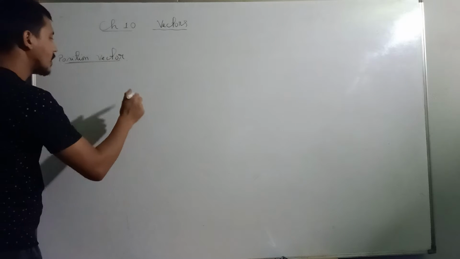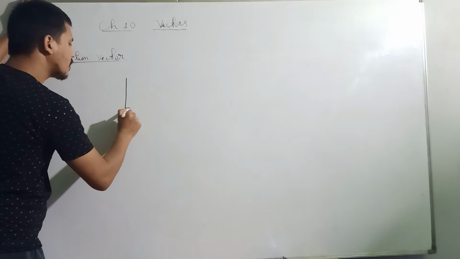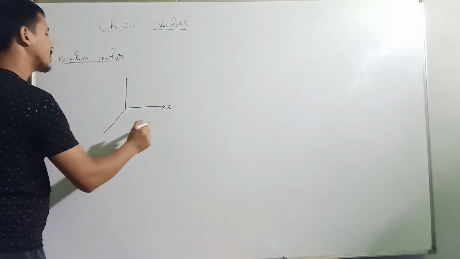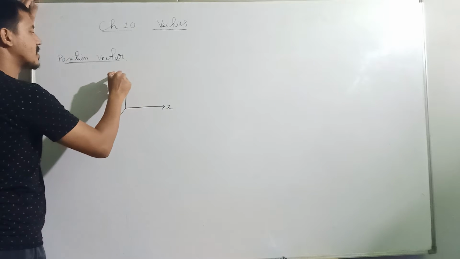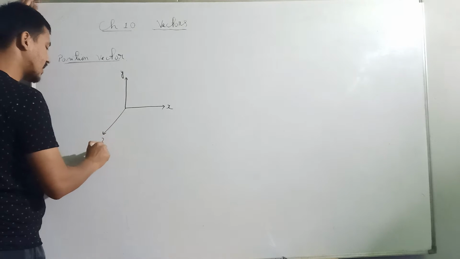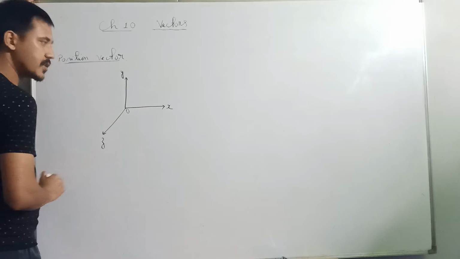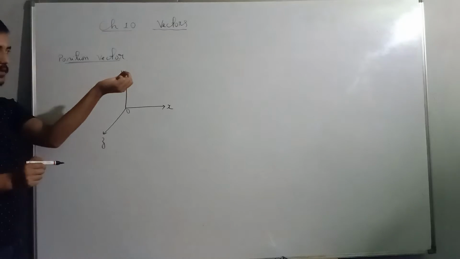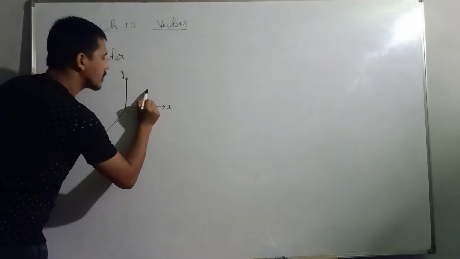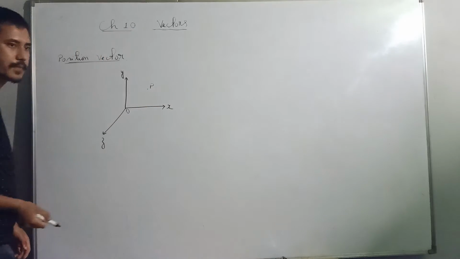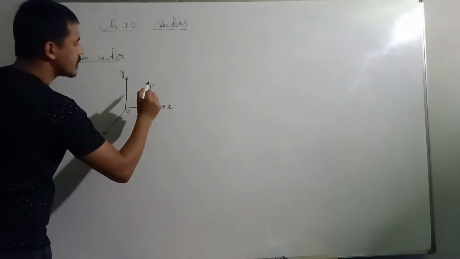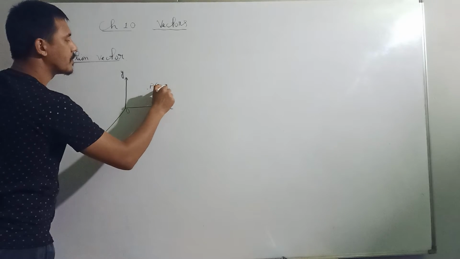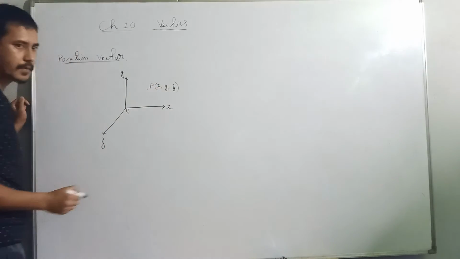So let me draw a three-dimensional coordinate system. This is your three-dimensional coordinate system. This is your x-axis, this is your y-axis, this is your z-axis. This is the origin, right? If you consider a point P here in space, since the point P is in space, its coordinate will be x, y, z.